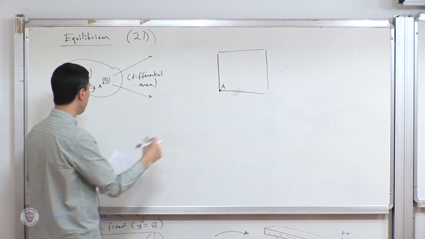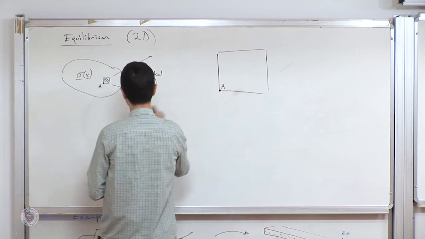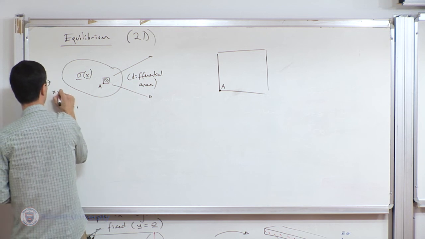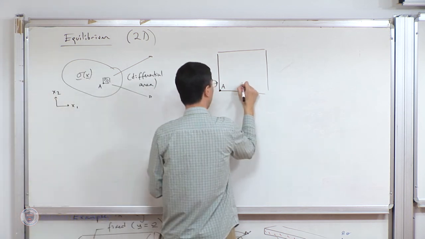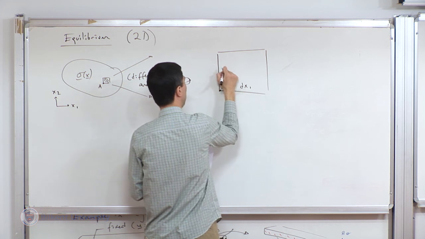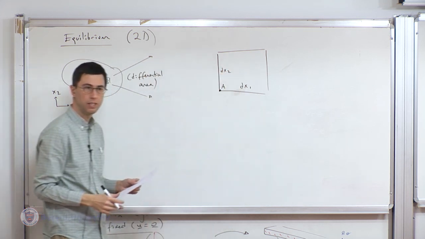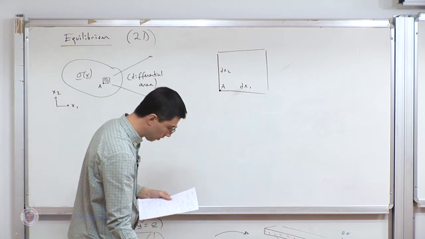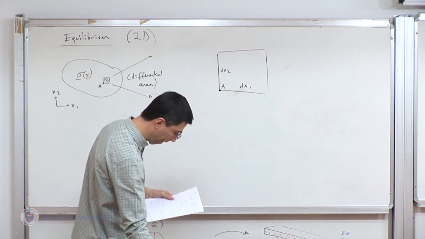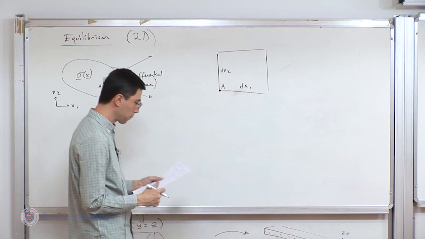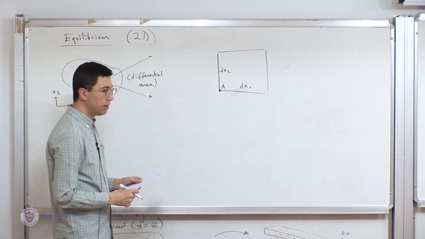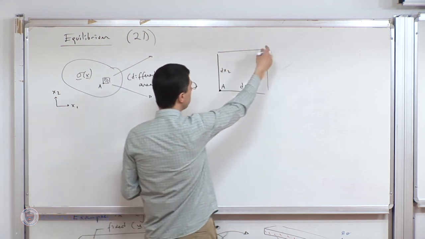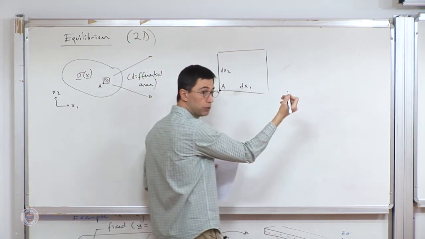And this area along the coordinate directions x1 and x2 has infinitesimal edge lengths dx1 and dx2. Okay. All right, and now on the surfaces of this differential element, there are normal and shear stresses.